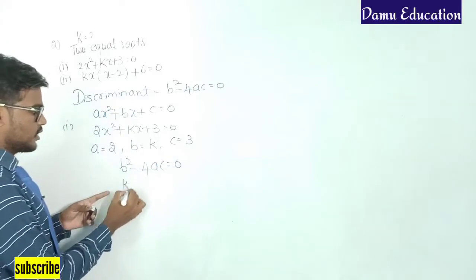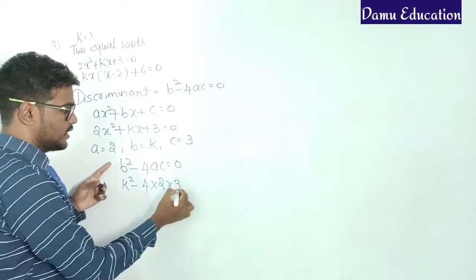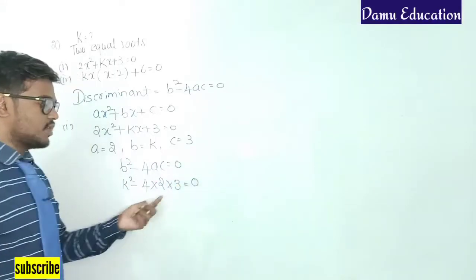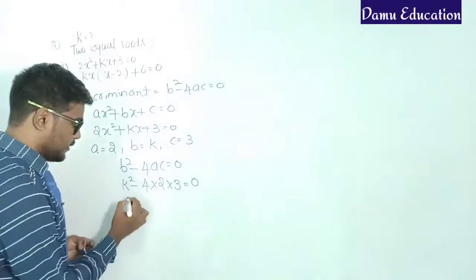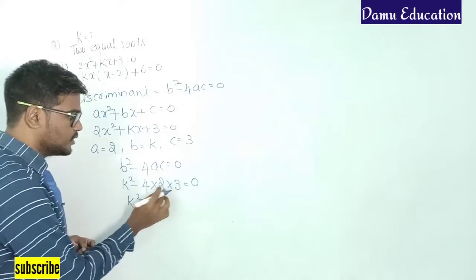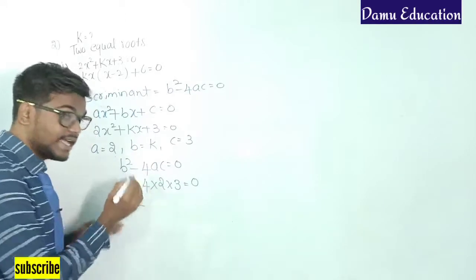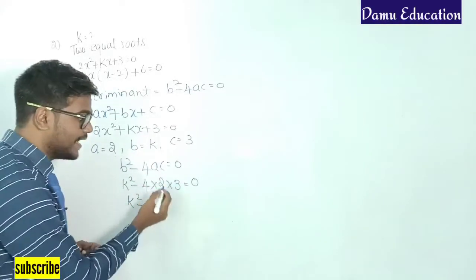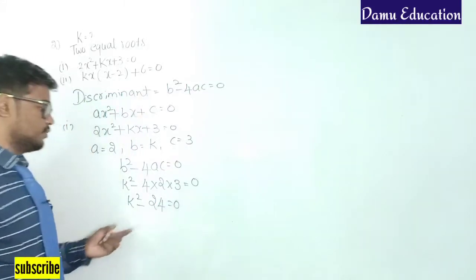So k square minus 4 into 2 into 3 is equal to 0. That is k square minus 4 times 2 is 8, 8 times 3 is 24, equal to 0.